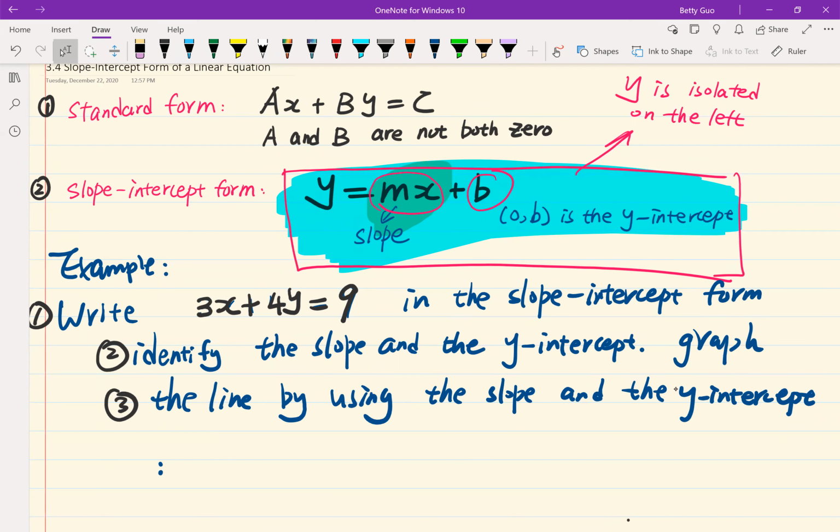Look at your notes, please. What's the definition of a y-intercept? Ian, what's the definition of a y-intercept?